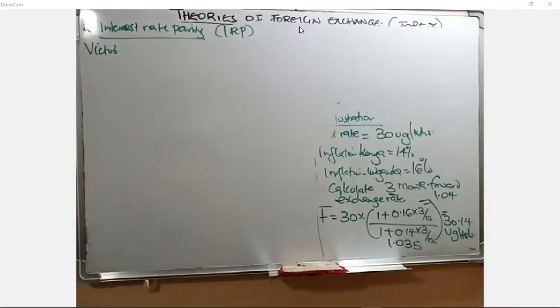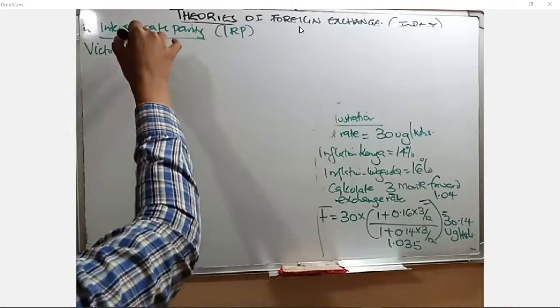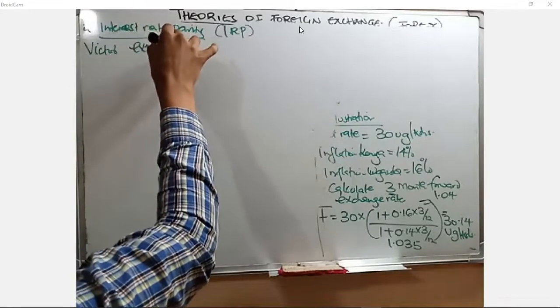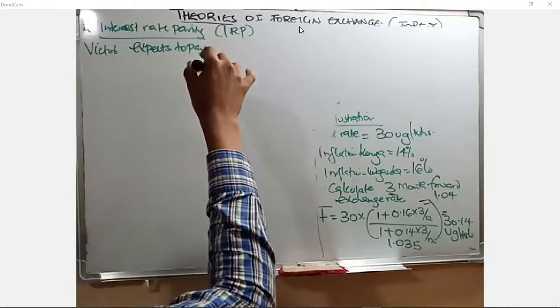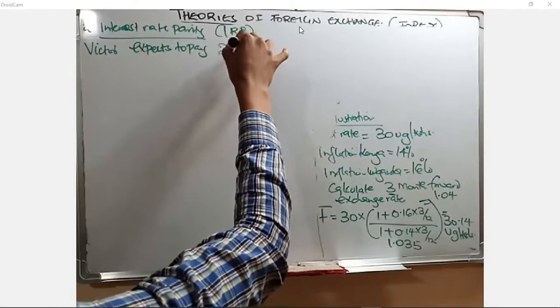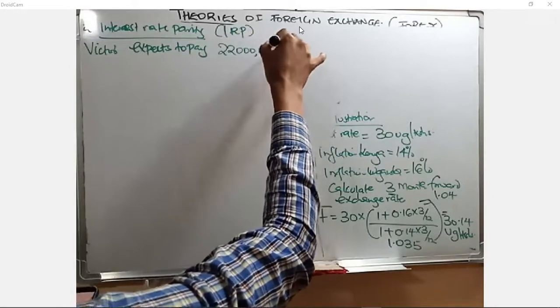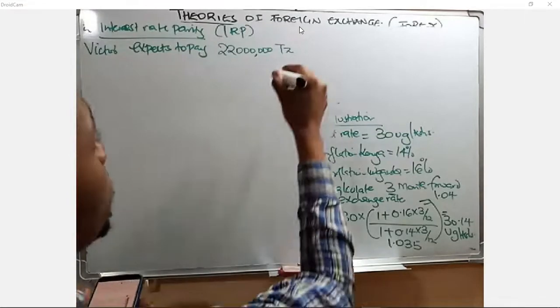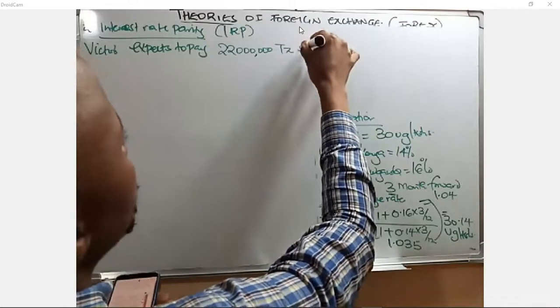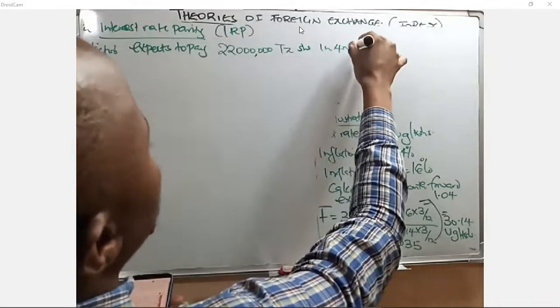We are being told Victor expects to pay 22 million Tanzania shillings in 4 months' time.